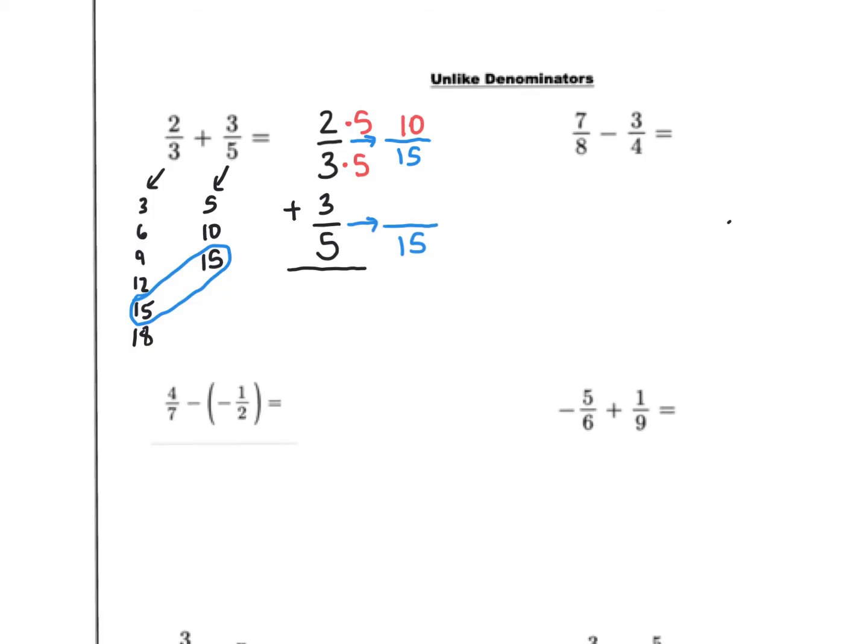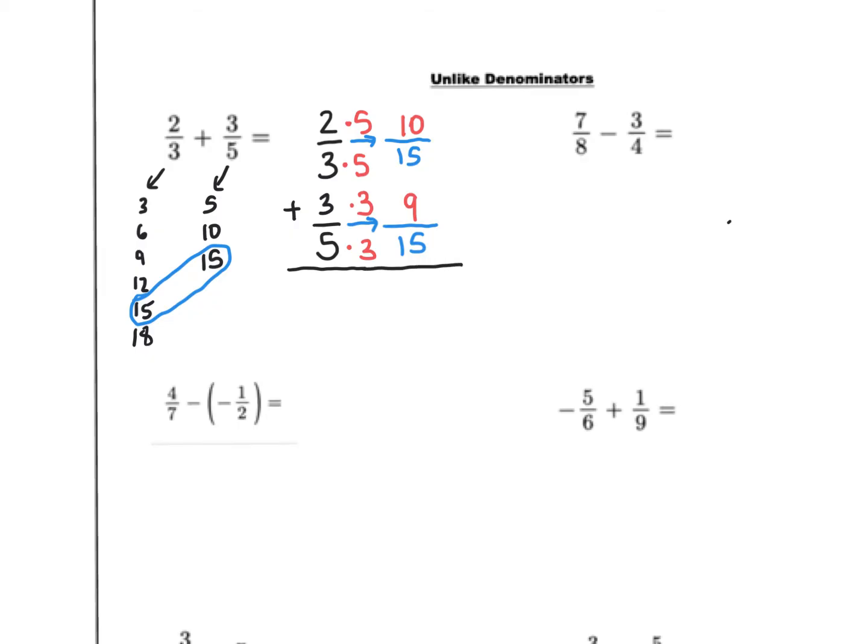the first fraction. Same thing with the bottom, where I ask myself, how do I get a 5 to look like a 15? I multiply the top and the bottom by a 3, like so, and that is going to give me 9/15. Okay, now I don't multiply, I add straight down.